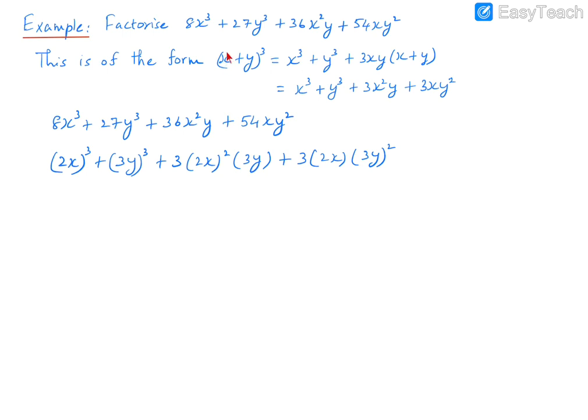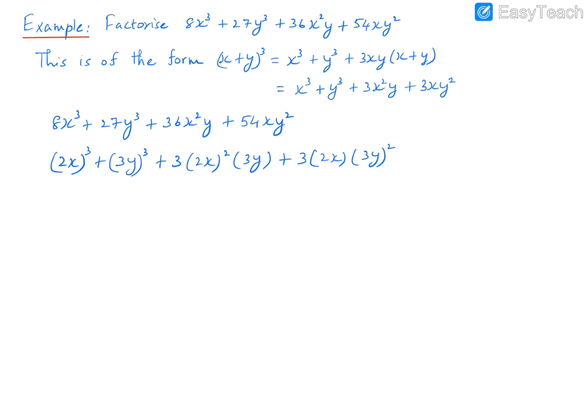So in place of x, when I have 2x, I get 2x the whole cube. And then in place of y 3y, so 3y the whole cube. And then we have 3x squared y, so 3x is 2x squared y is 3y, plus 3x is 2x and y is 3y the whole square.